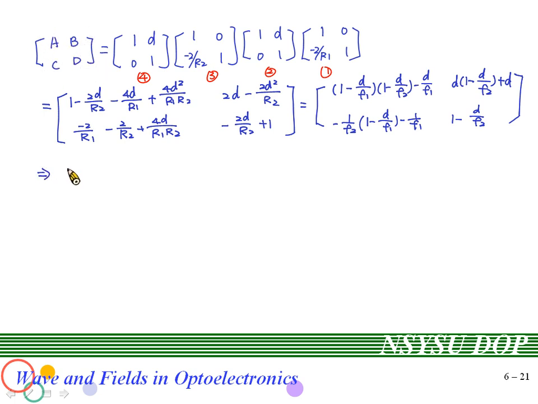As I have said, q prime can be expressed as Aq plus B divided by Cq plus D. According to the condition of the resonator, q prime should be the same as q after one trip.